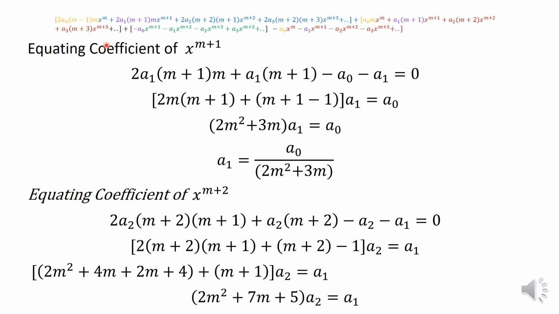Then further, if you see this equation, m plus 2 is here, minus a1, right? Minus a1, and here minus a2, minus a2.